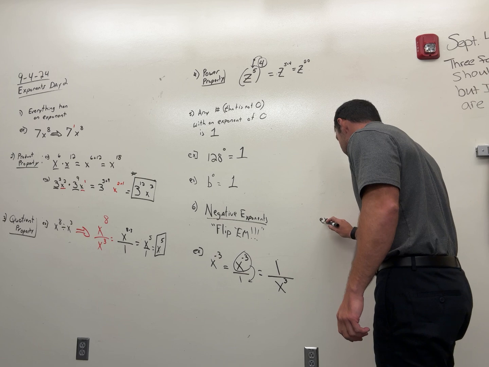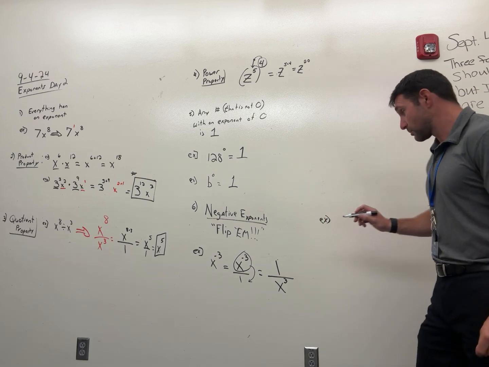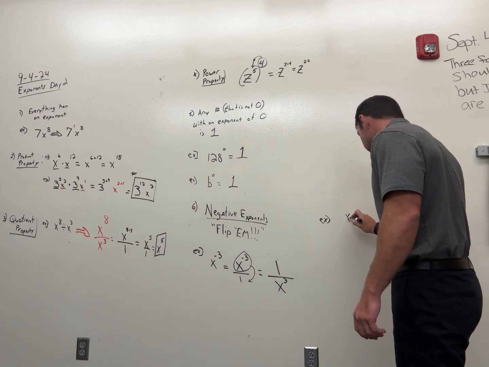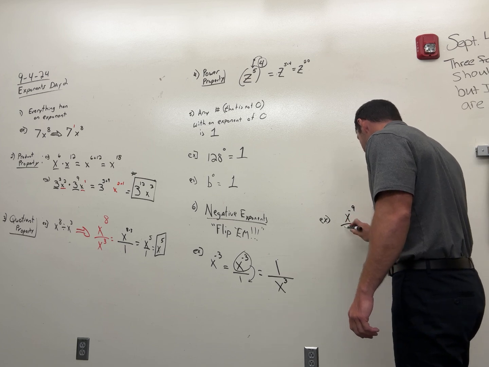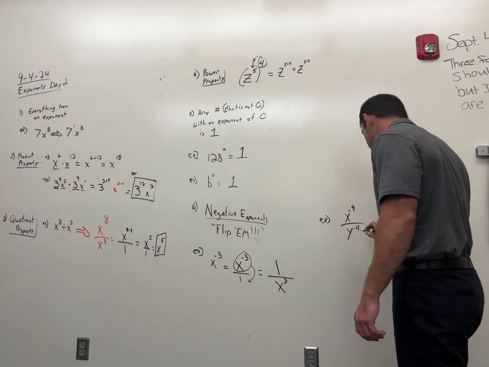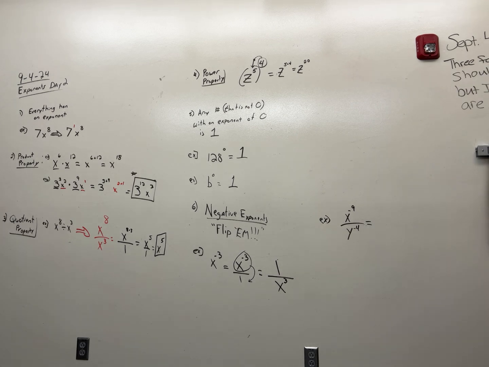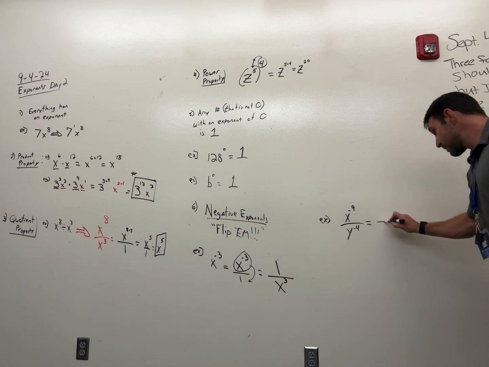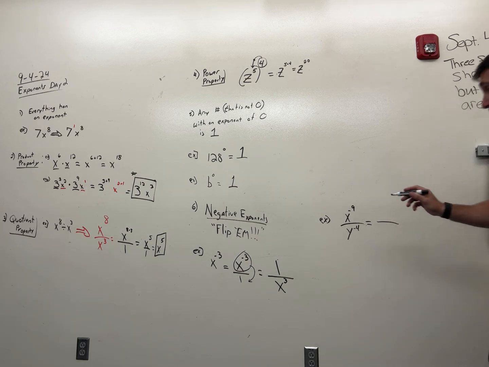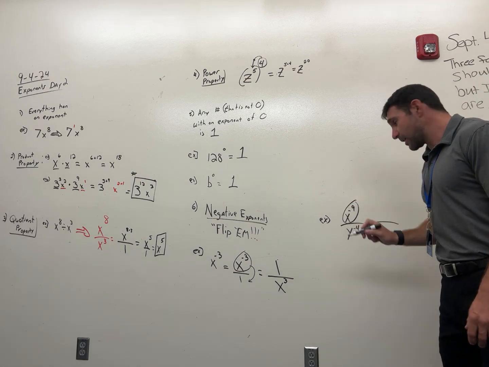Well, let's try this. This is going to be a little bit trickier. Let's go x to the negative 9th divided by y to the negative 4th. It's already a fraction. Does everybody see that? Okay, so I don't need to divide it by 1 this time. But we've got negative exponents. So where does this x to the negative 9th go?